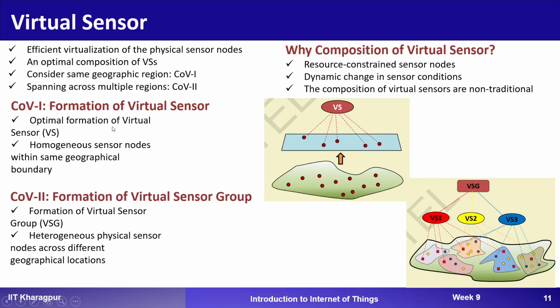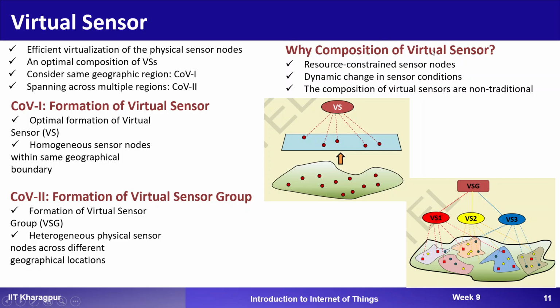In the first scenario, homogeneous sensor nodes present in the same geographical boundary form one particular virtual sensor which fulfills the need of a particular application. However, in the second scenario, different heterogeneous sensors are taken from different locations, and the combination or cluster of those sensors forms one particular virtual sensor, which again fulfills the need of a particular application.